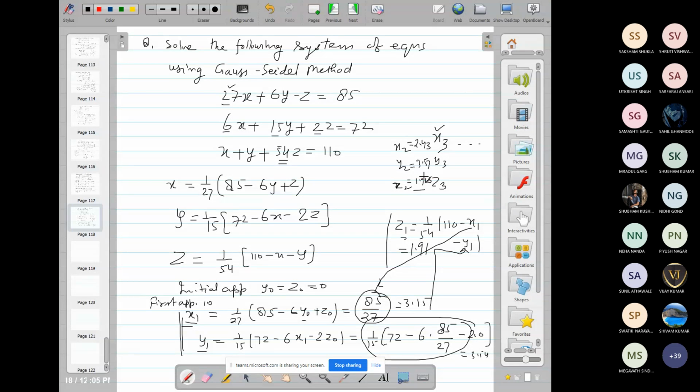So again we need to proceed, then we obtain the solution.